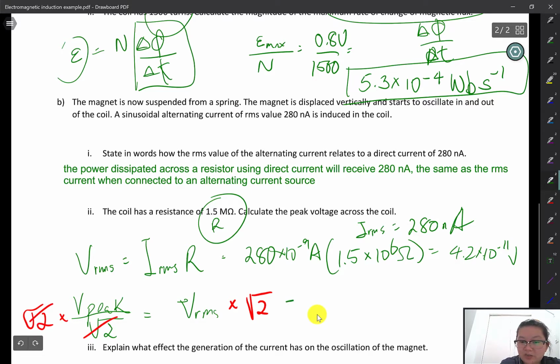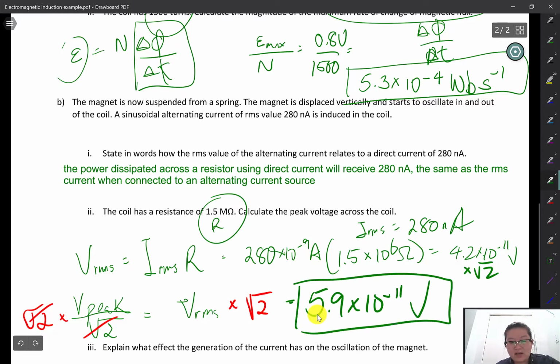So we take our previous number and times the square root of 2, which is going to give us 5.939, or how many sig figs? 2 sig figs. So 5.9 times 10 to the power of negative 11 volts. So very tiny, considering it's a big resistor.